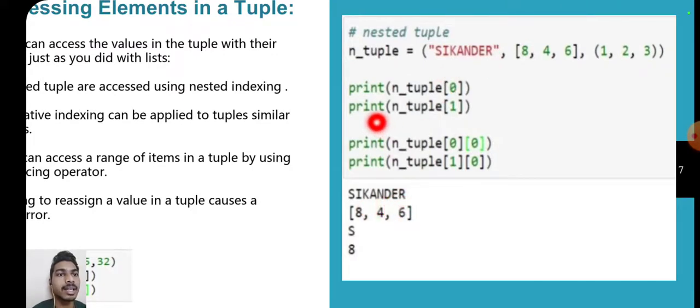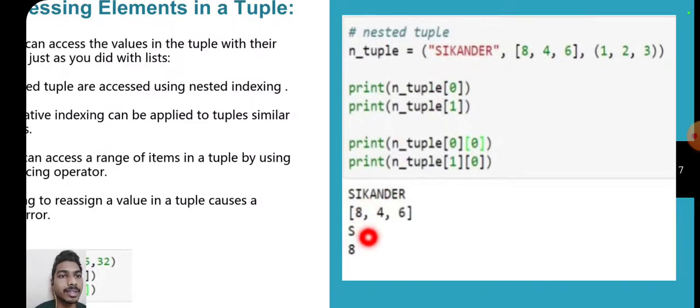Print of n_tuple of 1 prints this list 8, 4 and 6. Print of n_tuple of 0 and another 0 means that in this 0 index, it picks the first element, that is s.